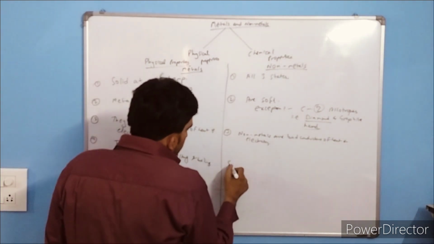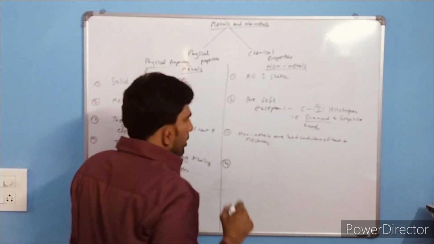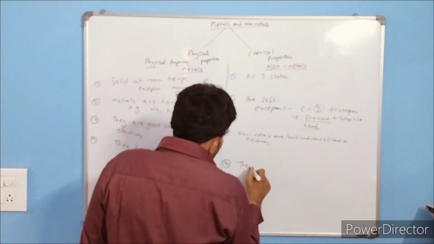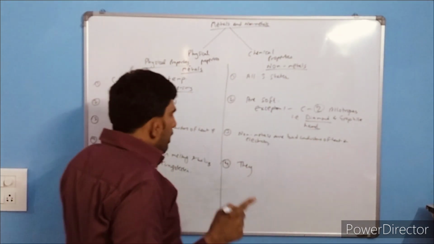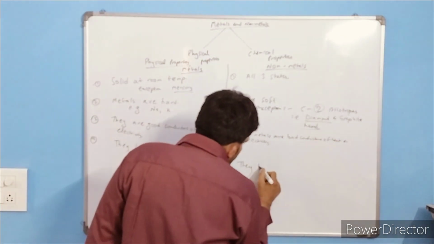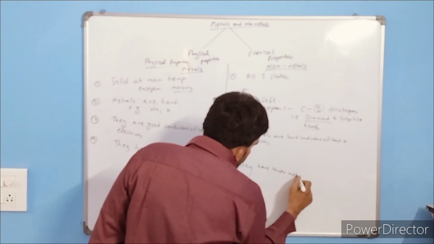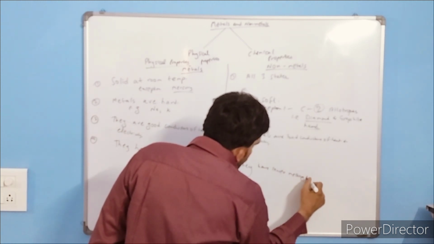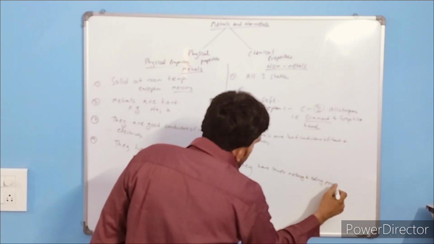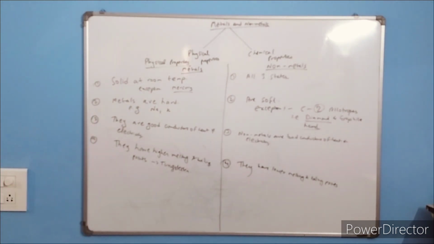Whereas non-metals are bad conductors of heat and electricity, and they also have lower melting and boiling points. What else can we see apart from this?